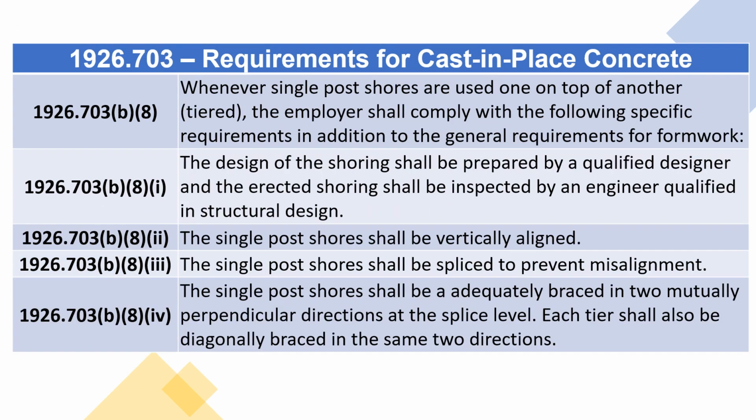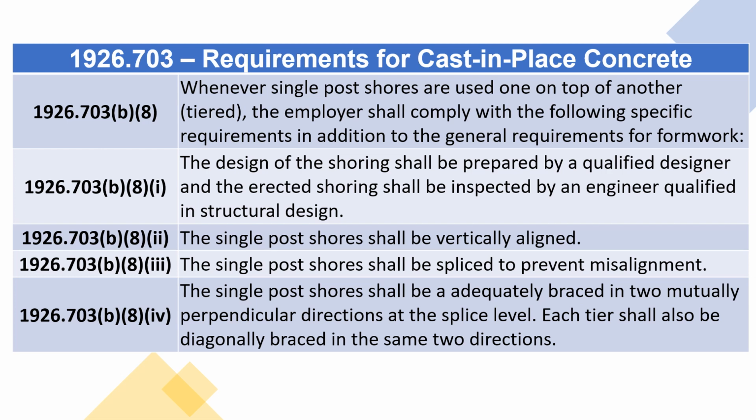1926.703(b)(8) Whenever single post shores are used one on top of another, tiered, the employer shall comply with the following specific requirements in addition to the general requirements for formwork. 1926.703(b)(8)(i) through (iv): The design of the shoring shall be prepared by a qualified designer and the erected shoring shall be inspected by an engineer qualified in structural design.